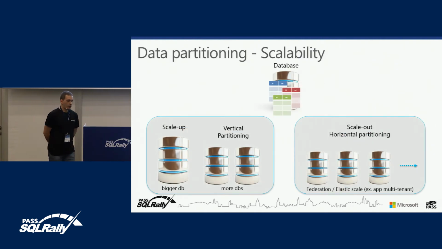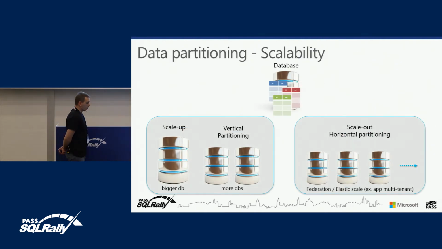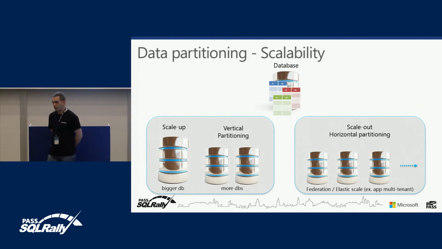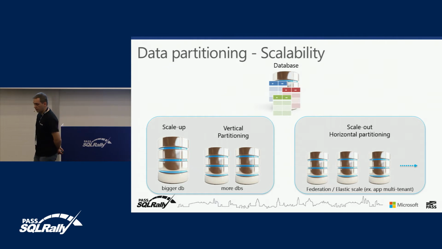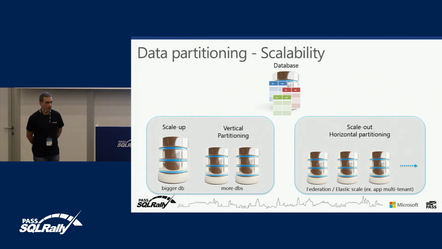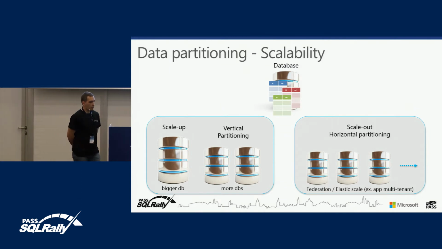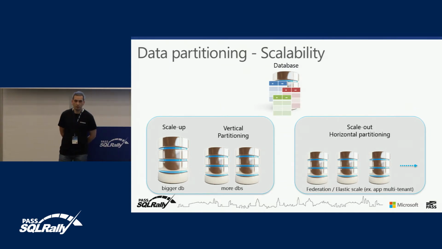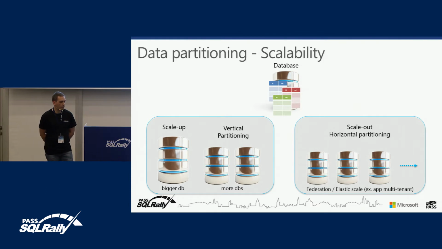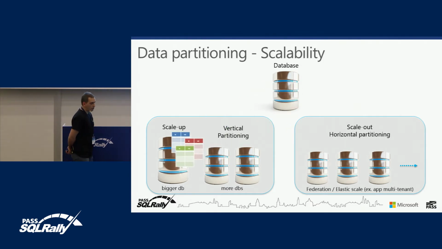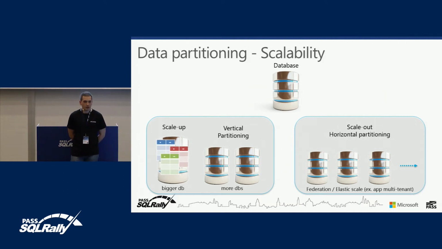If we need to increase the database size or improve the performance of the database, we need to scale, and we can do it with different methods. For example, the first one, called scale up, is simpler, using a bigger or faster database.